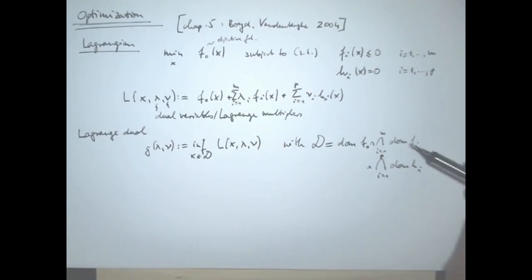So note that domain is different from the feasible set. So this is just wherever these functions are defined, where they take values larger than minus infinity.